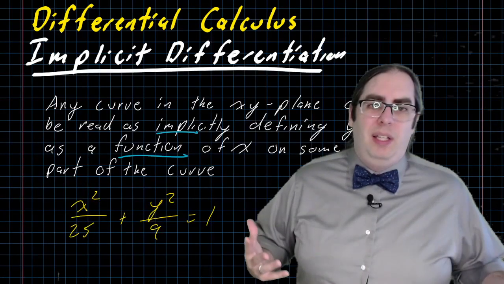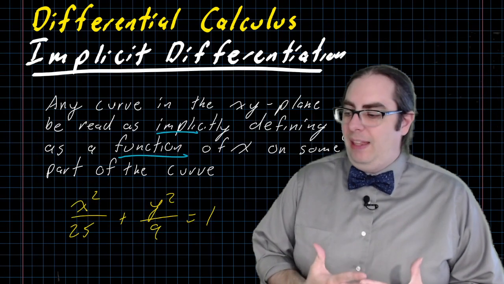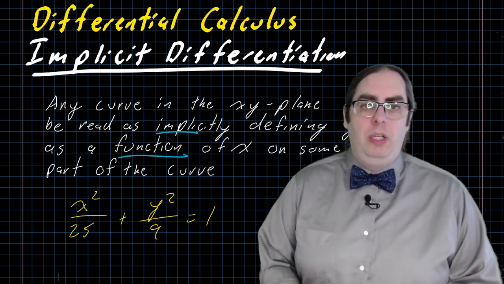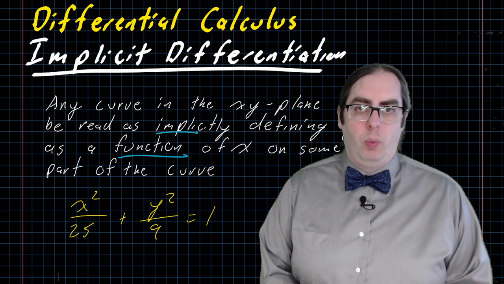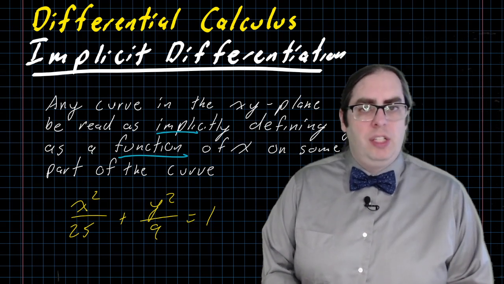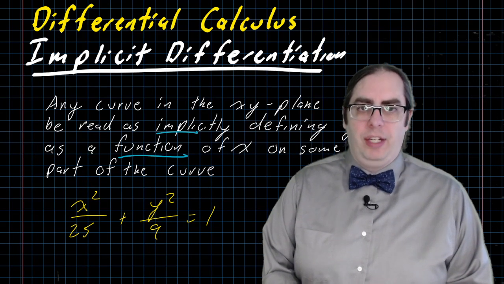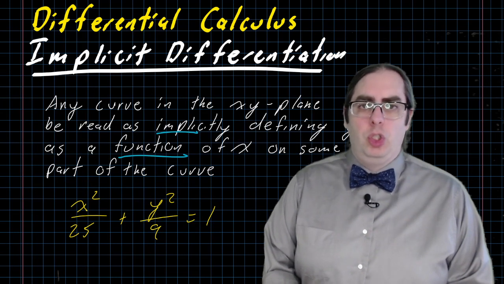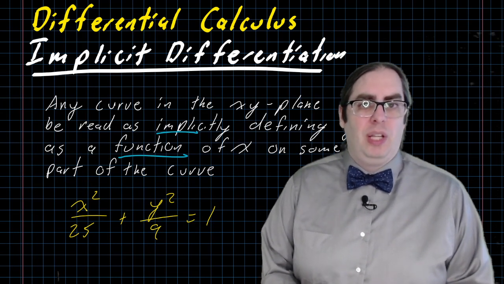I will address the elephant in the room. In this particular function, it is possible that we rearrange the equation to solve for y. And when we do that, then we run out of issues and we could proceed without any further problems. I don't want to do that because I want to show you a method that is generalizable.